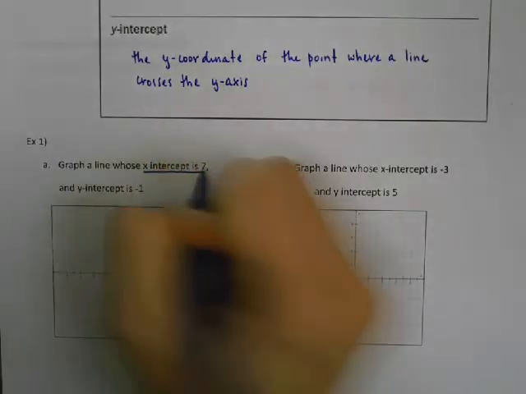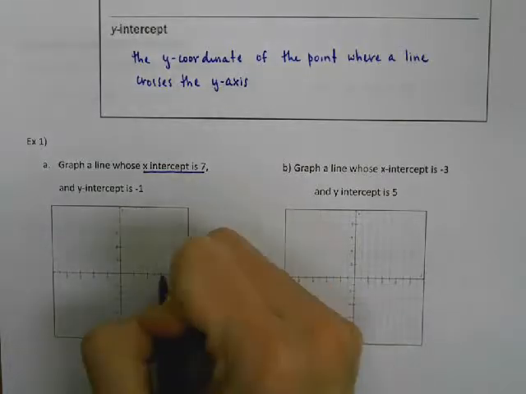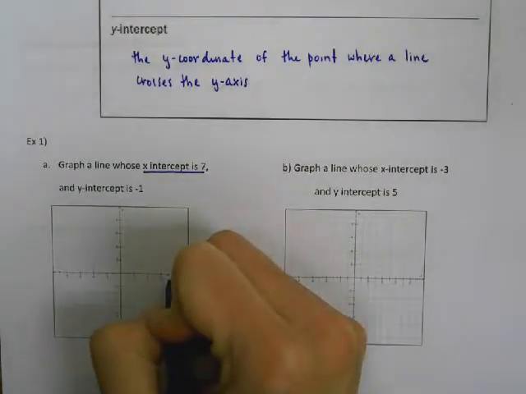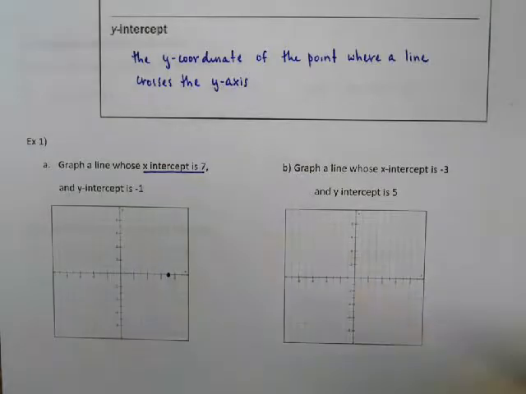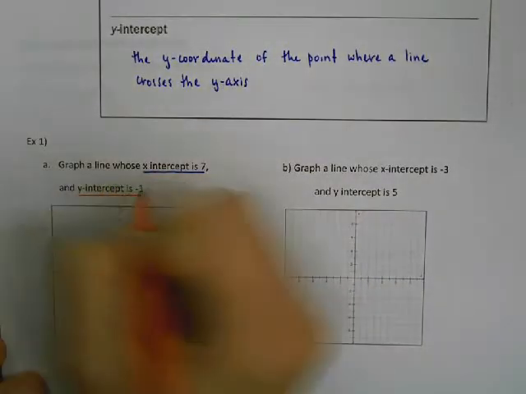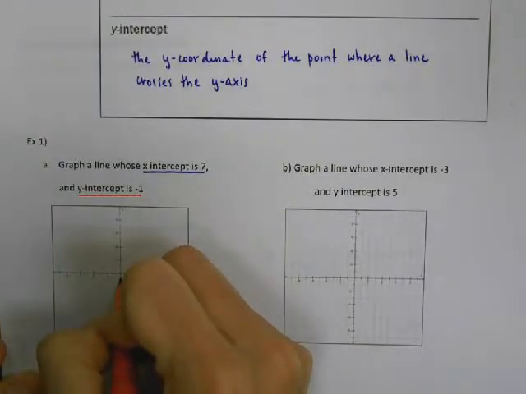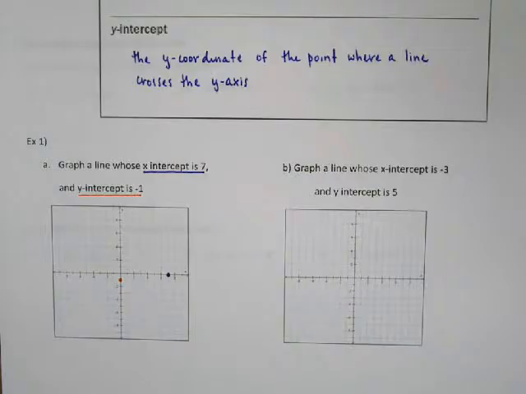If my x-intercept is 7, I'm going to look along the x-axis and find the point where the x-coordinate is 7. So that's right here. Now my y-intercept is -1, so now I'm looking along my y-axis, and here's -1. To graph that line, all I have left to do is connect up those 2 points.